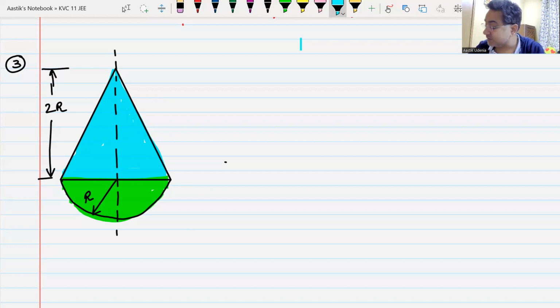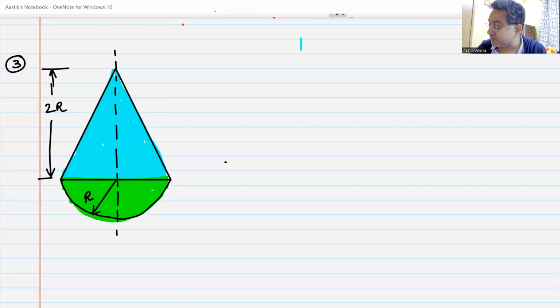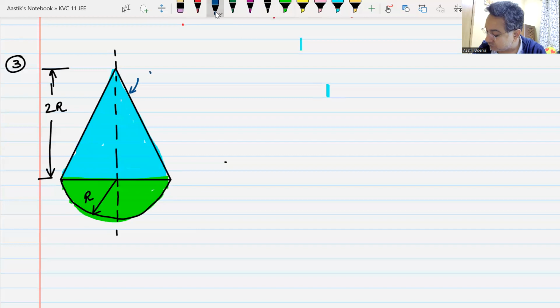Take the upper body as a solid cone, and take the lower body as a solid hemisphere.